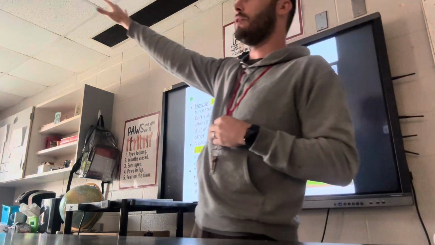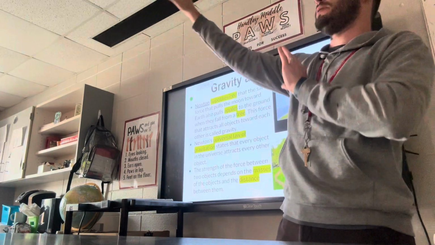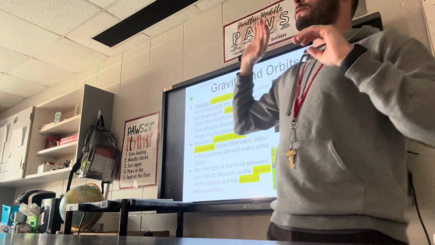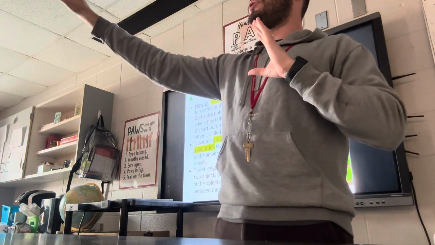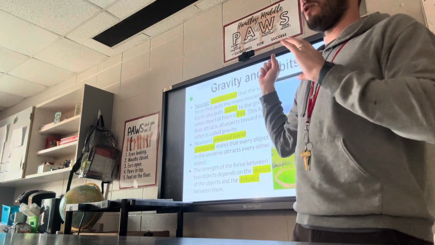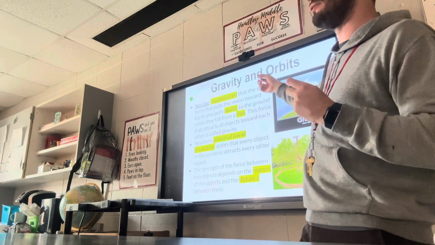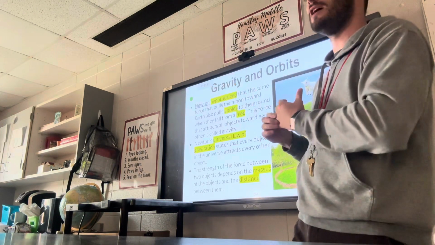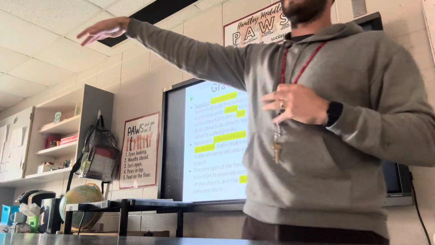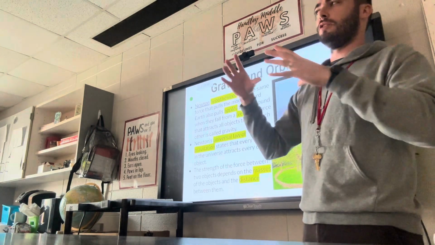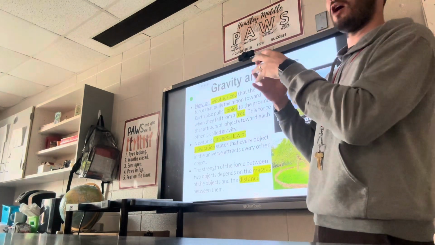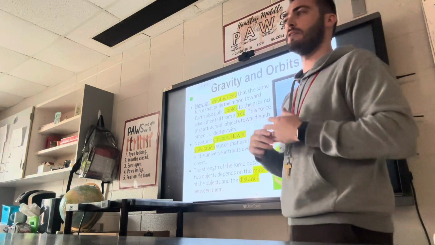Unless you were really, really far away, and then you would just be floating out. But even if you were away from Earth, you would still be attracted to the sun. If you had no motion, you would eventually be pulled into the sun because the sun is so massive. You would have to go all the way outside the solar system to no longer be affected by the sun's gravity, because that's how big it is.